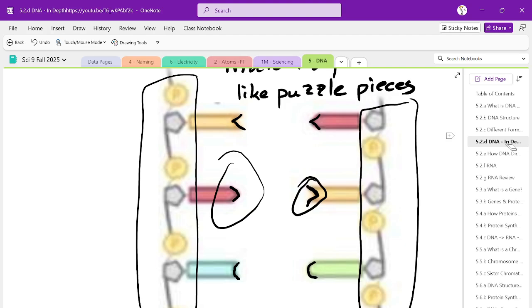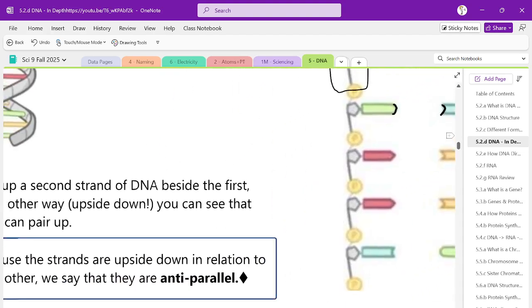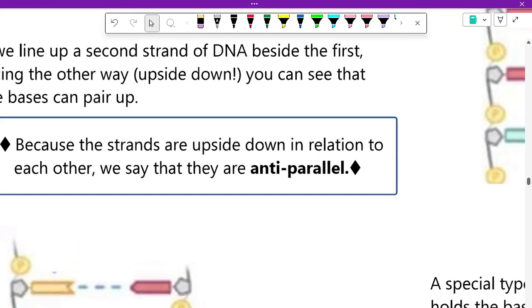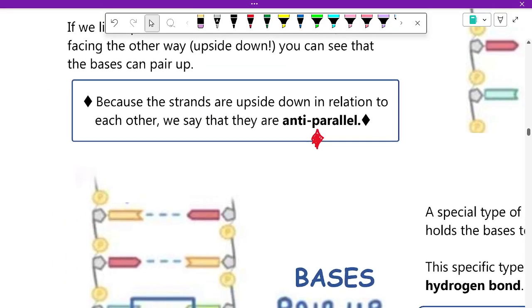Can we agree that those two things are parallel? Yes? If we take one though and we turn it upside down, we actually call it anti-parallel. So that's an enriched word, if you like. Because the strands are upside down relative to one another, we say that they are anti-parallel. That is an enriched word. Okay?